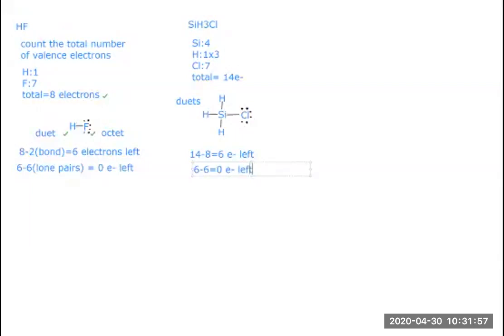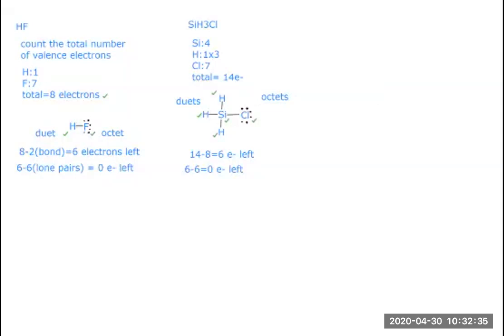So we can see that we have duets for this hydrogen, that hydrogen, this hydrogen, and we have an octet for the chlorine, because 6 from the lone pairs plus 2 here, it's 8. And the silicon has also 8 around it. So that makes it happy. So we have our octets and duets.